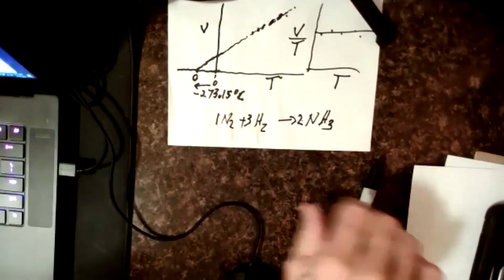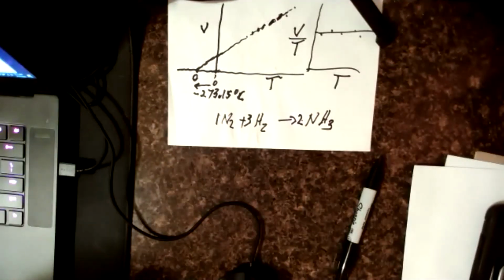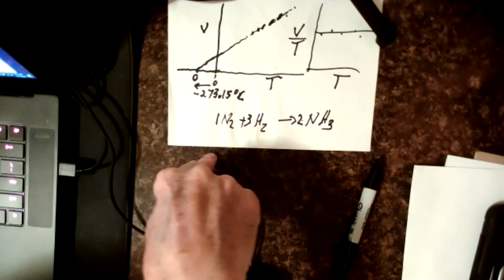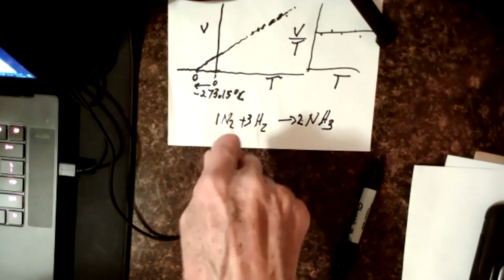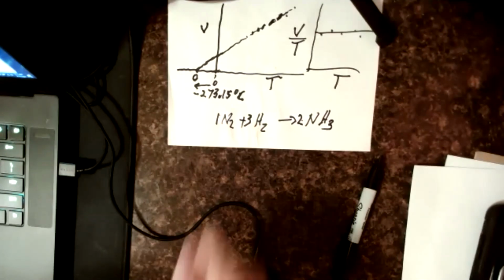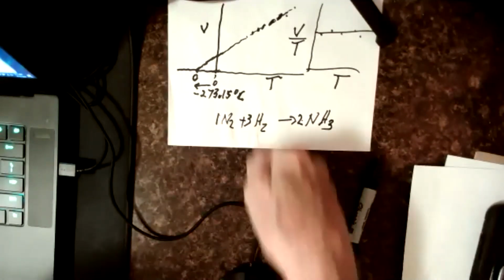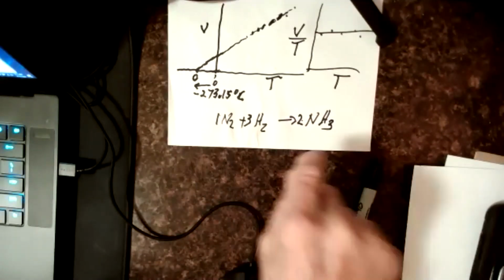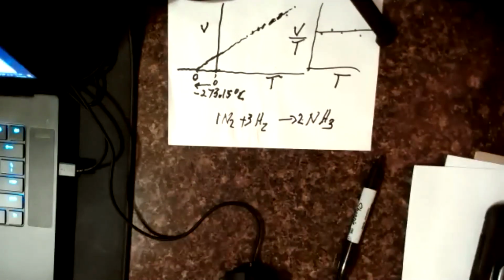This is another case of gas stoichiometry, where we have our little magical scoop. It's a volume, 1 liter. 1 scoop of nitrogen and 3 scoops of hydrogen would make 2 scoops of ammonia.